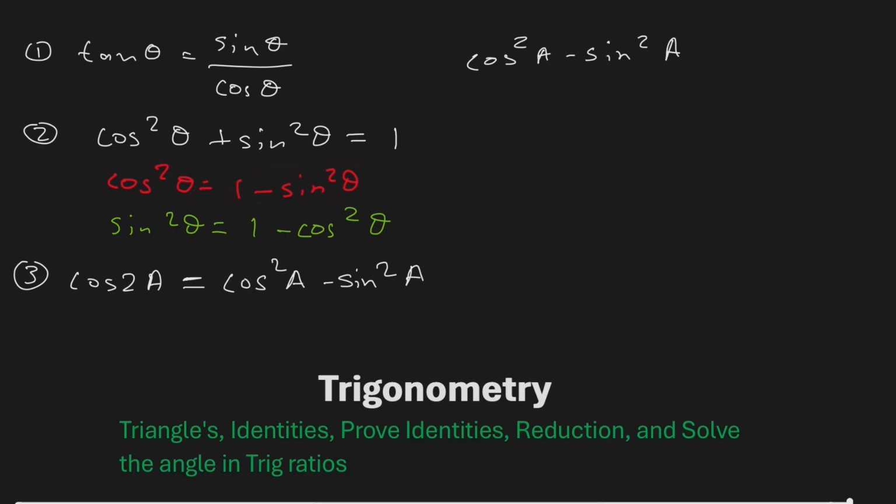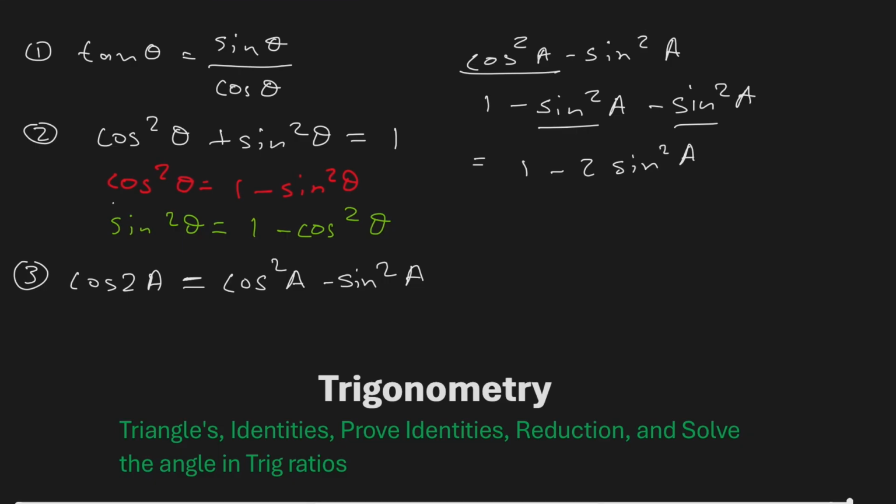So if we replace cos squared with 1 minus sin squared, look at what happens. We have 1 minus sin squared A minus sin squared A. This simplifies: minus sin squared minus sin squared gives 1 minus 2 sin squared A.